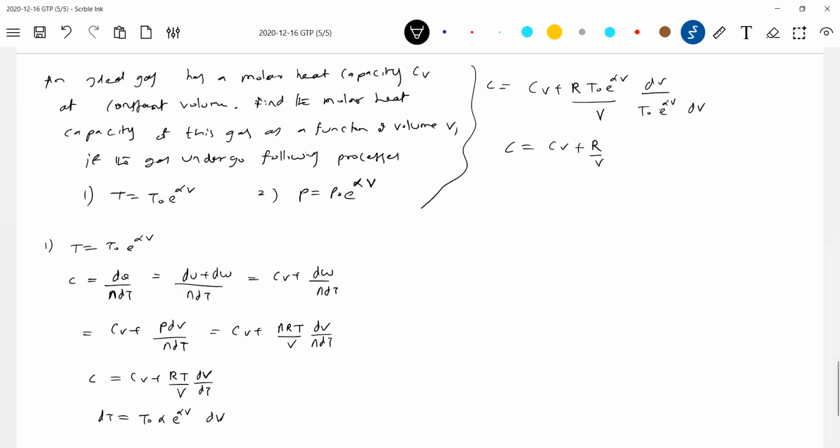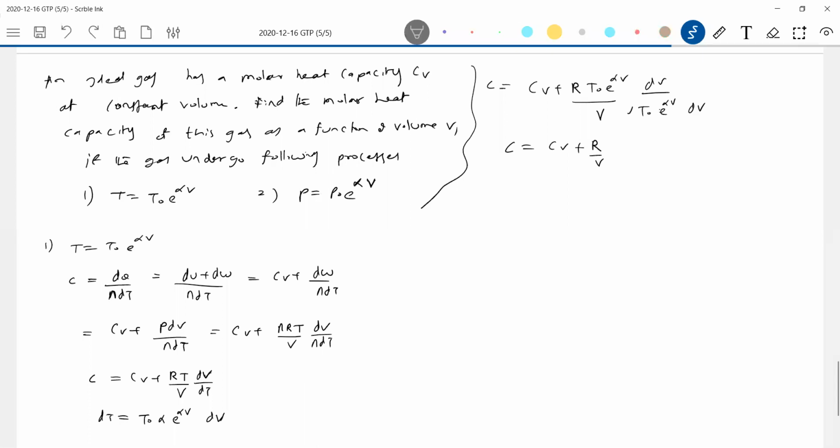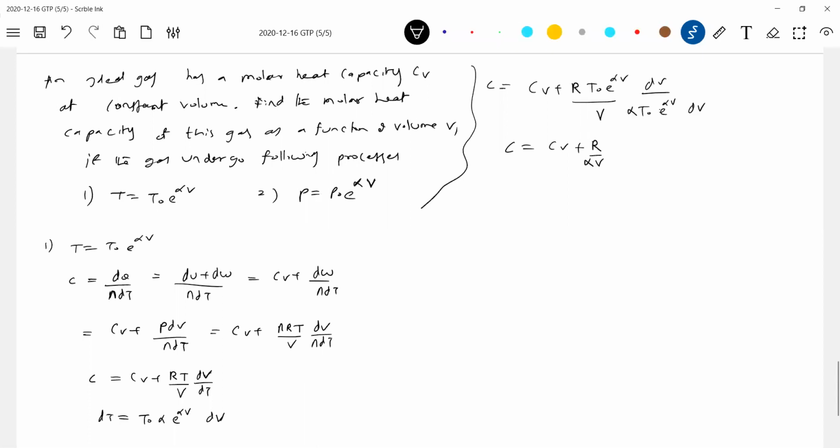One alpha will be there, no? In dT one alpha we are missing. Yeah. C equal to CV plus R by alpha V.